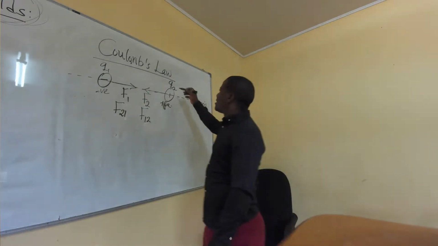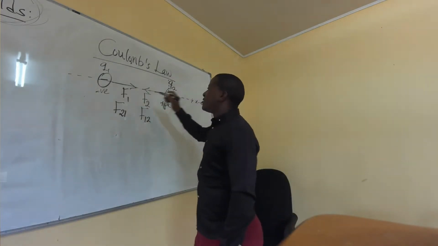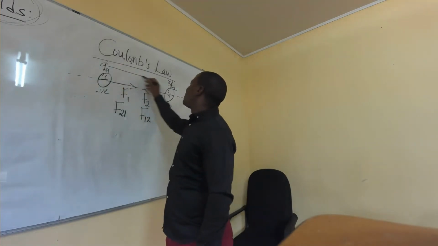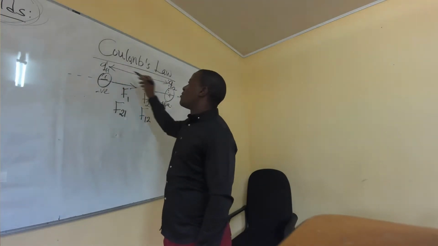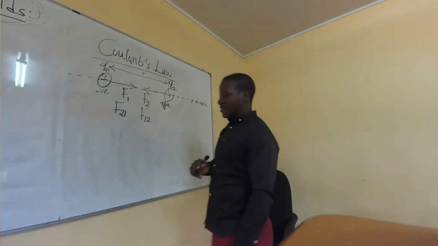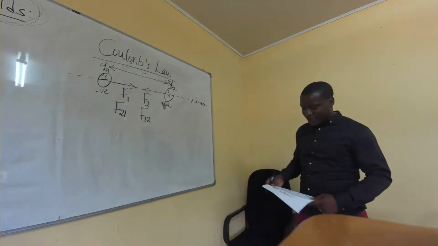So from the center here and there, we have this distance, which we may call R, just a small r there.